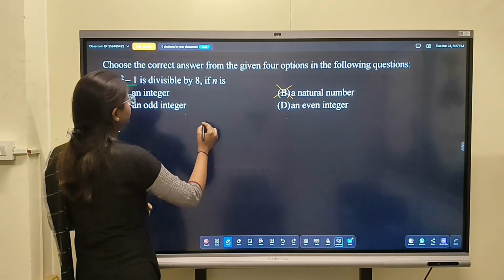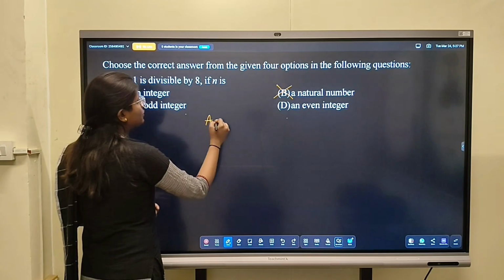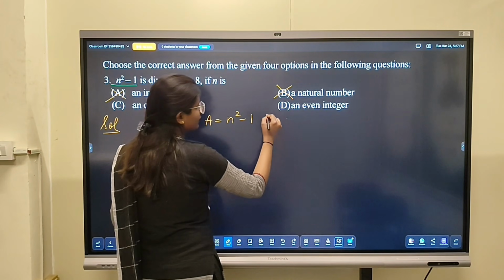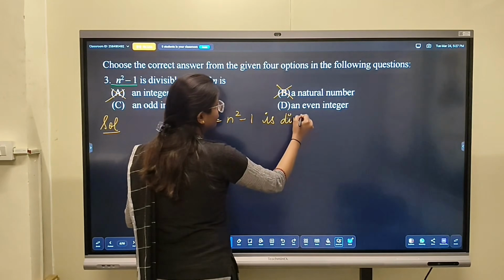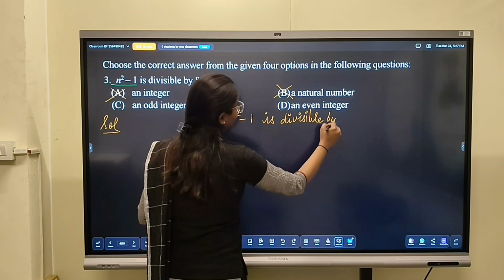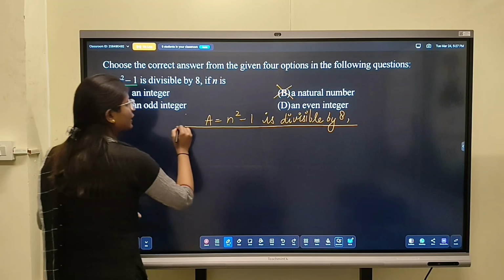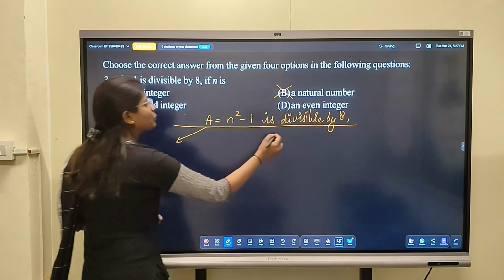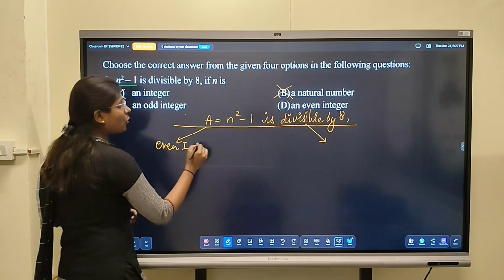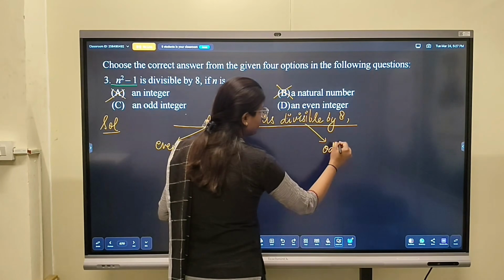Let's say that a is equal to n square minus 1 is divisible by 8. Right? So in that case, there could be two things. Either it will be an even integer or it would be an odd integer.